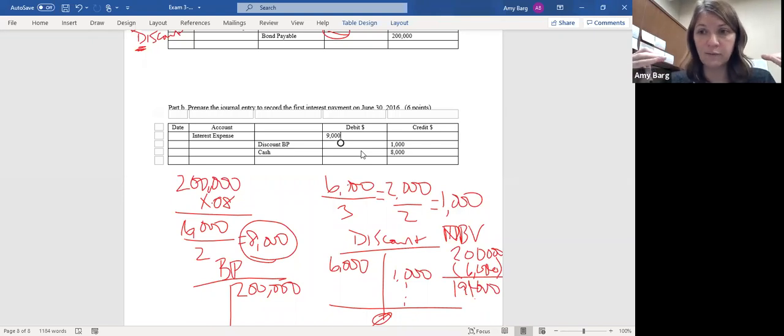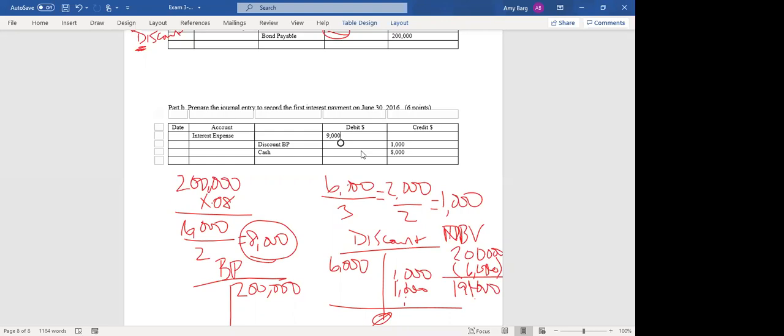So every single time we pay interest, we're going to hit that discount account for $1,000 to get that net book value back to 200,000. So we're going to just keep whittling away at this account until it finally zeroes out.